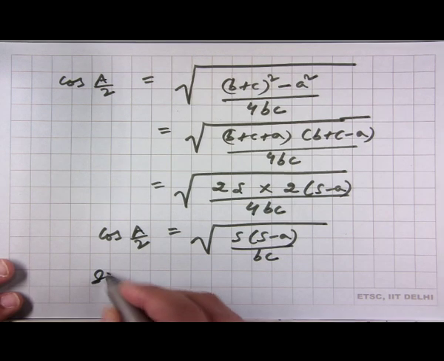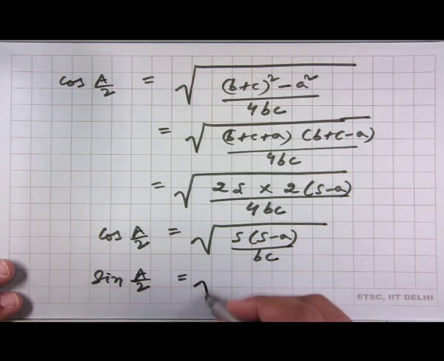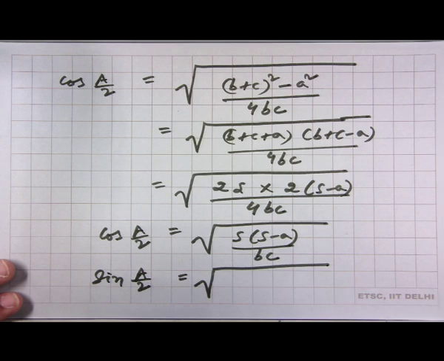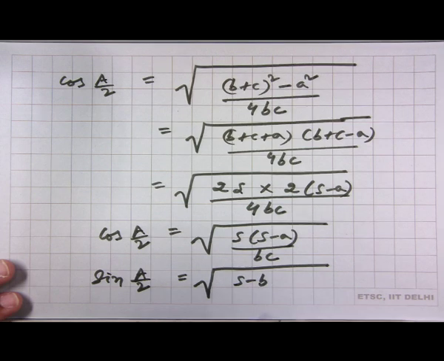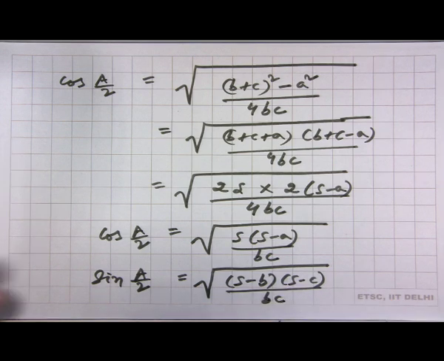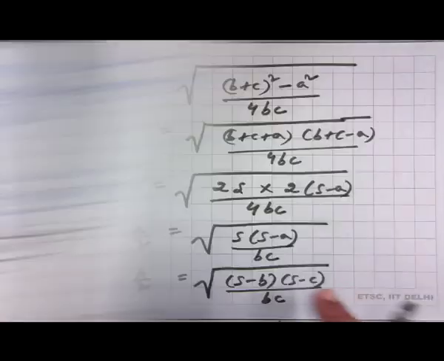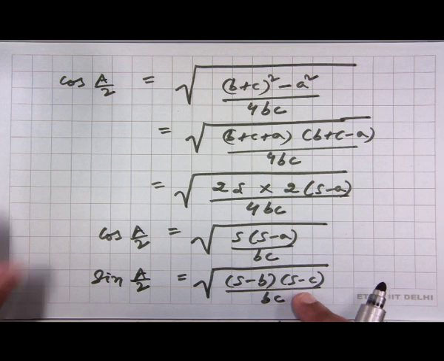And recollecting from the previous slide, we had sin A by 2 equal to the square root of (S minus b) into (S minus c) over bc. I am just copying it here.